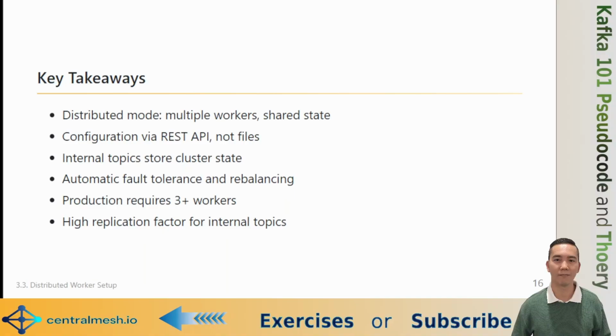Kafka Connect automatically handles task assignment, fault tolerance, and rebalancing whenever workers join or leave the cluster. And for production environments, it's recommended to use at least 3 workers along with highly replicated internal topics to ensure a resilient and highly available deployment.